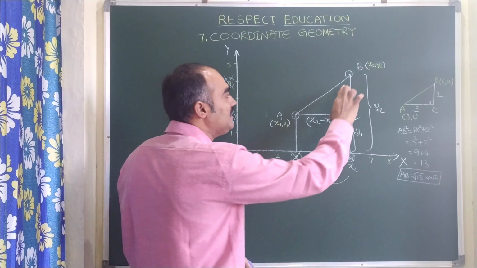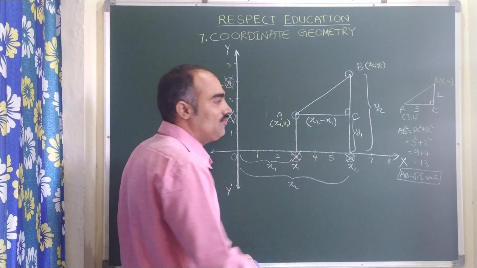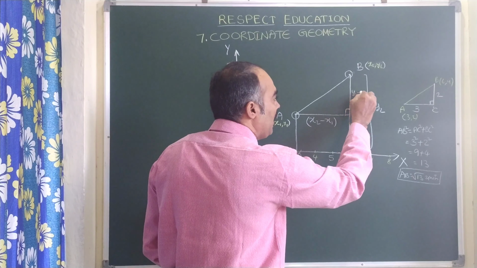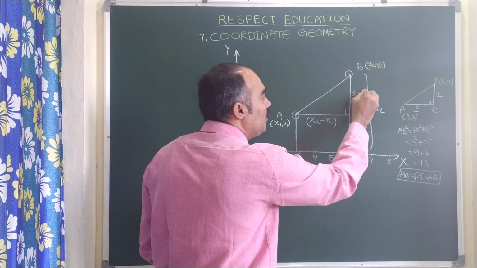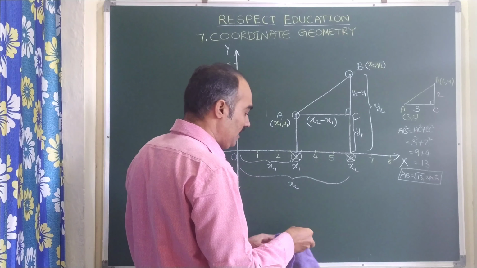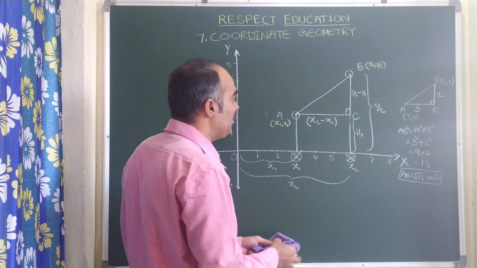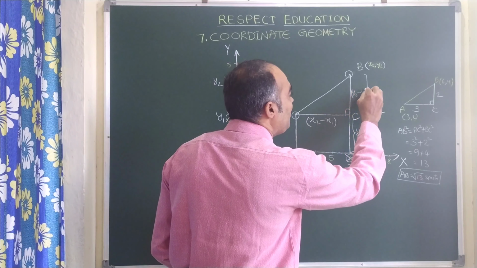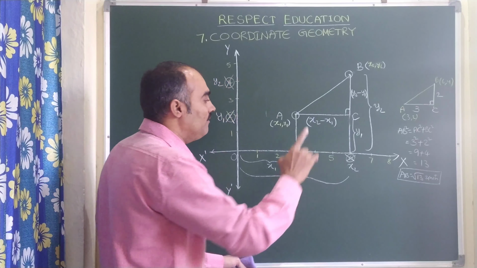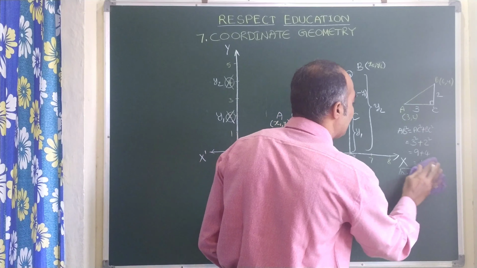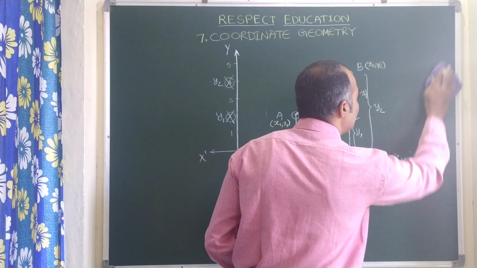Now we need the distance between B and C. For that, this larger value y2 minus smaller value y1, right? Now here we see we have the values of AC, x2 minus x1, and BC, y2 minus y1.